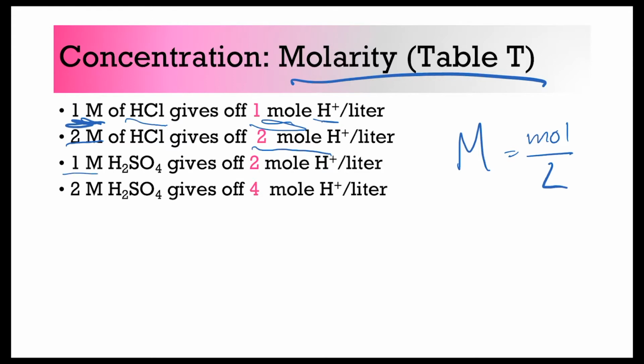If we have a 1 molar solution of H2SO4, we have 2 H's, so for every liter you have 2 moles of H plus released. And if we have a 2 molar solution of H2SO4, you get 2 times 2, so 4 moles of H plus being released.